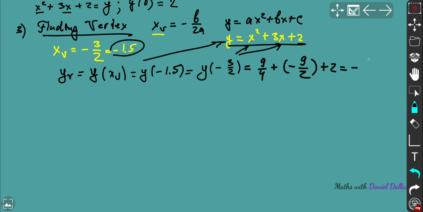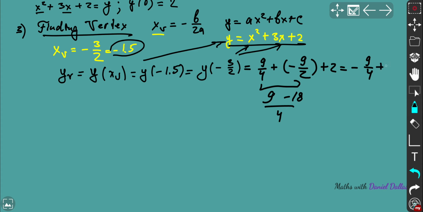You'll get minus 9 over 4 according to how you add those two fractions, right? So the common denominator is 4, and we'll get minus 18 and 9 here. So basically 2 goes here, and that's why it becomes negative 18. So finally you'll get negative 9 over 4.